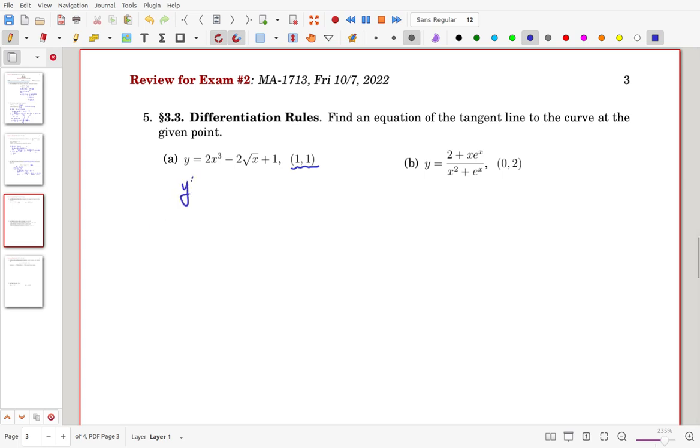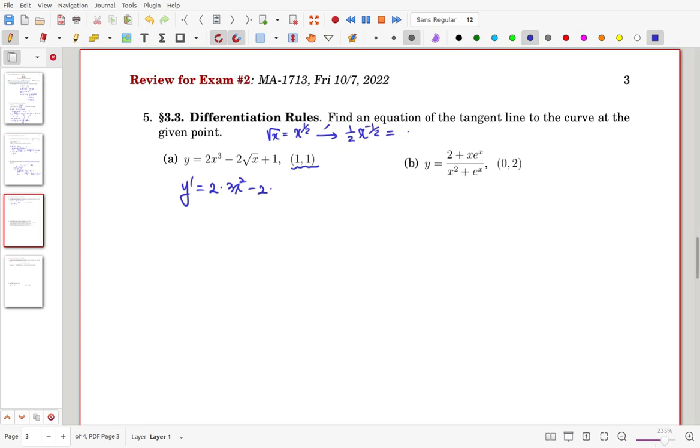y prime equals, by using the power rule, 2 times 3x squared minus 2, and here the square root of x can be written as x to the 1/2. If you make the derivative and apply it, then the half will come out, and x to the half minus 1 is x to the minus 1/2.